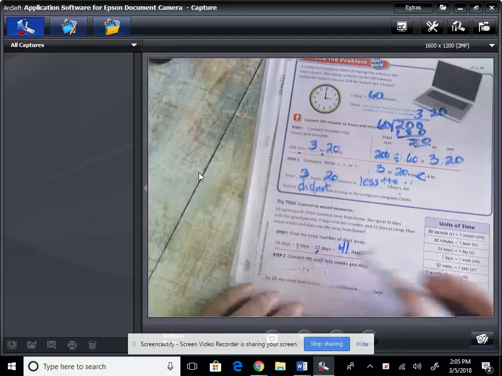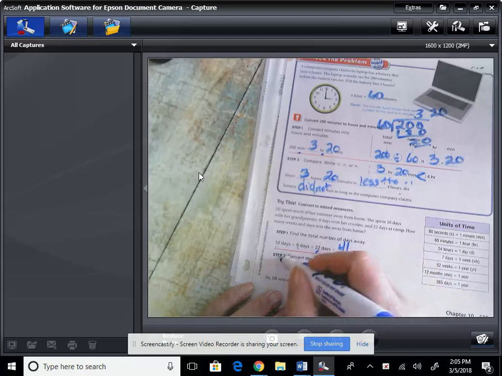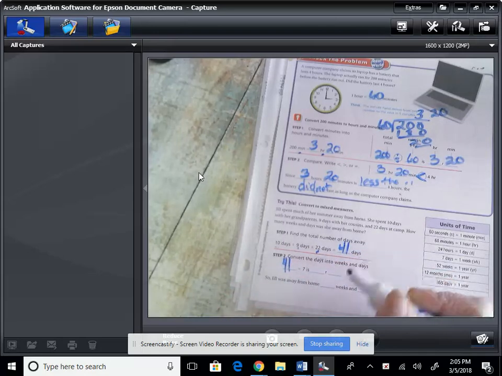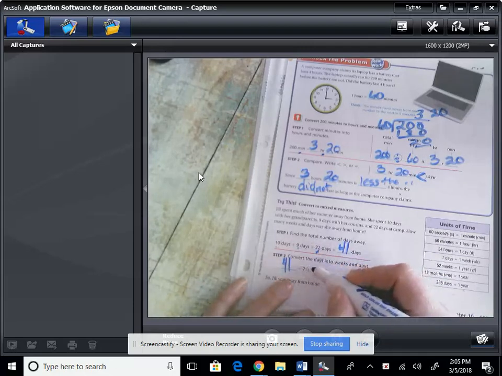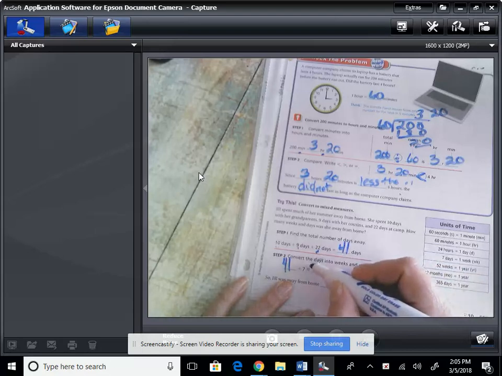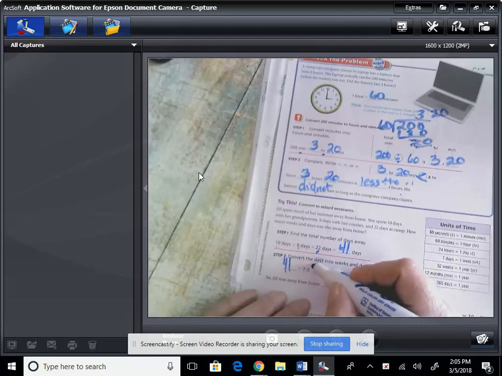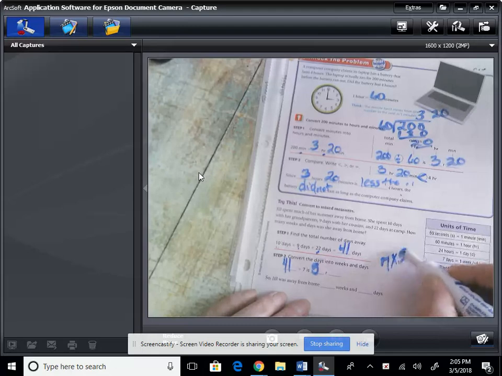Now we're converting. We had 41 days and we're converting days to weeks. Because we're going smaller to larger, we divide. So 41 divided by 7. Well, I know 7 times 7 is 42, but that's too much. 7 times 6 is 42, too much, so it is 5, and 7 times 5 equals 35.